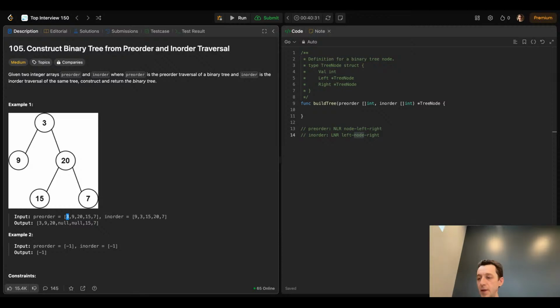That means it's a left child. Okay, now I kind of understand it. Let's see if we can get something else. From here, we figured out the 9.